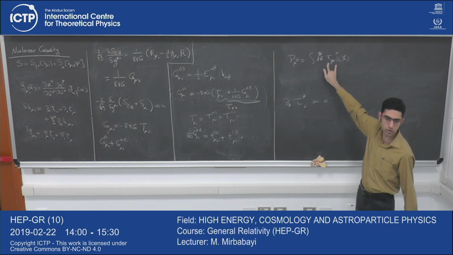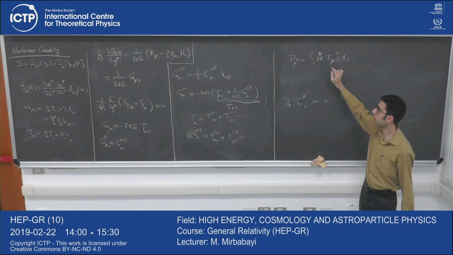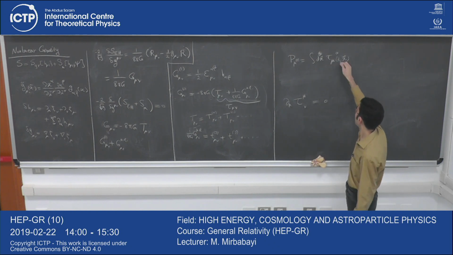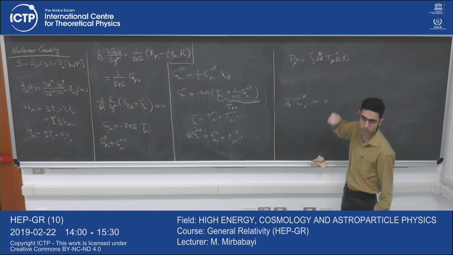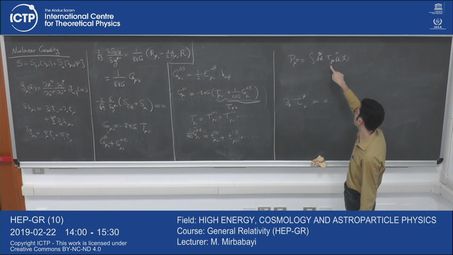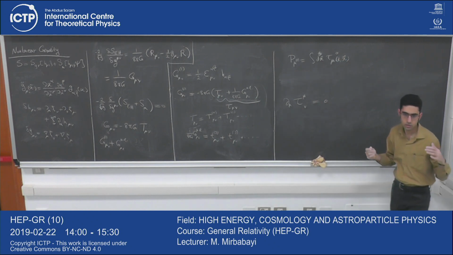However, this is a pseudo tensor, and what it means is that we can choose different coordinates or do different diffeomorphisms, and then this tau mu nu will change.